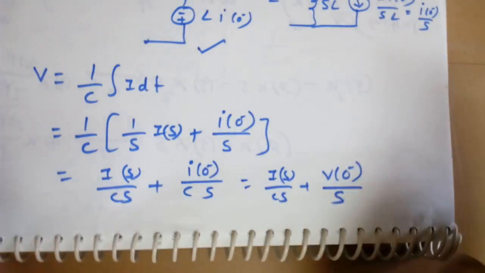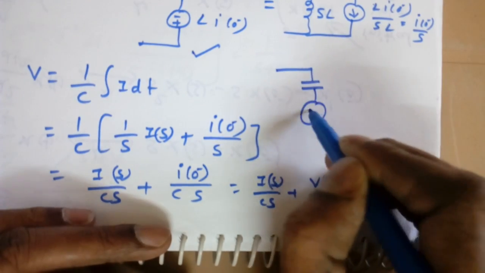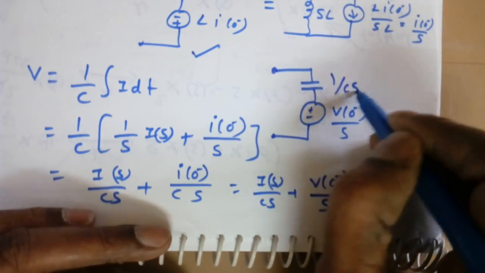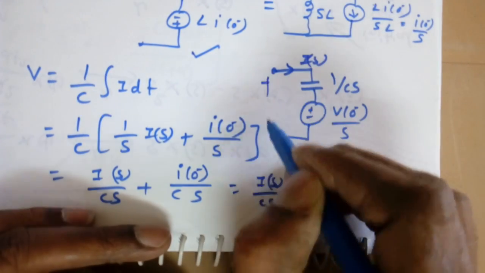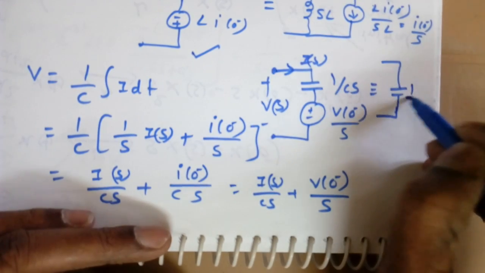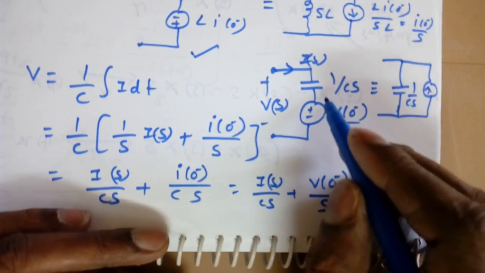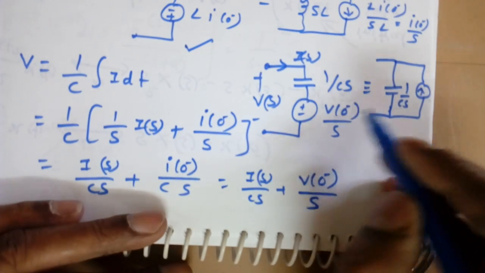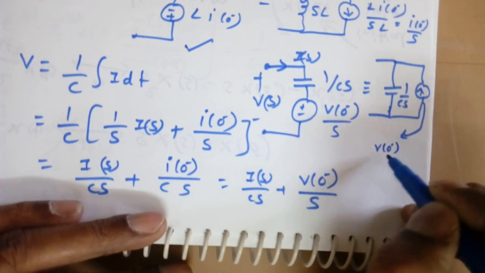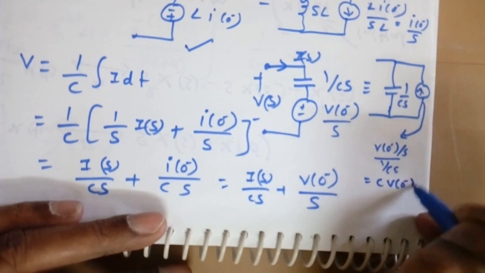Now what is the equivalent model? It can be drawn like this: a capacitor and a voltage source which is plus minus V of 0 minus by s, and the impedance is 1 by Cs, with I of s and V of s. This also can be written like this: 1 by Cs in parallel with a current source going upward, which is V by Z, so V of 0 minus by s divided by 1 by Cs, or we can say C into V of 0 minus.